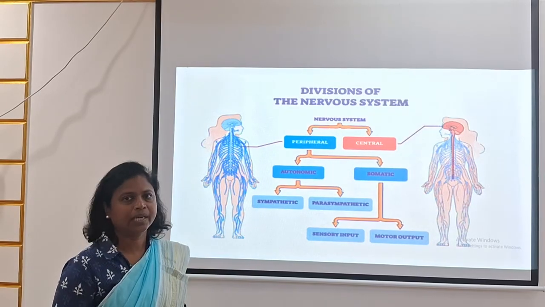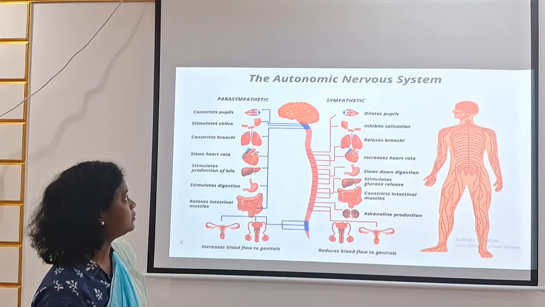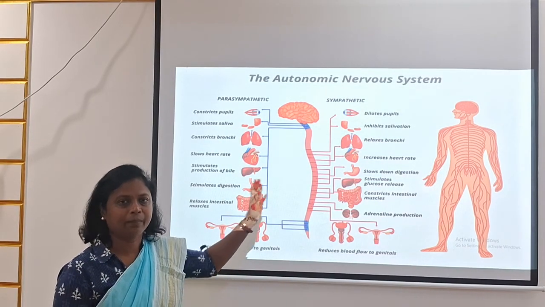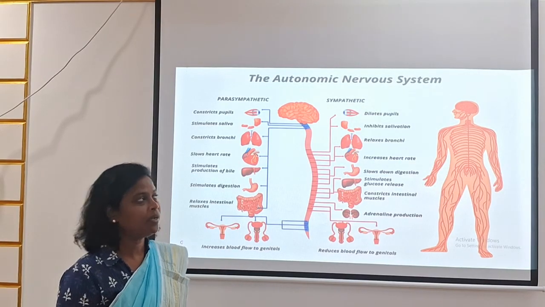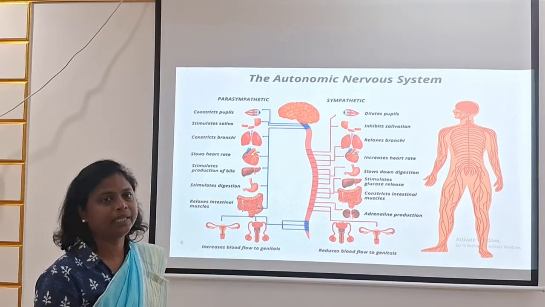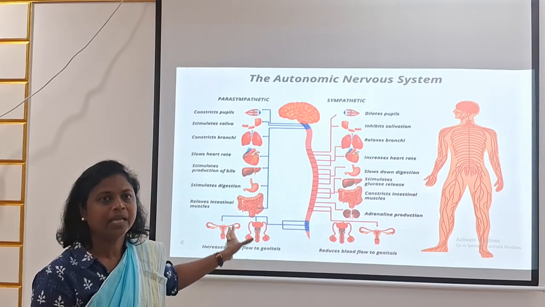So let's concentrate on the sympathetic and parasympathetic nervous system. They come under the autonomic nervous system. Here the parasympathetic nervous system controls all the involuntary movements of the body.